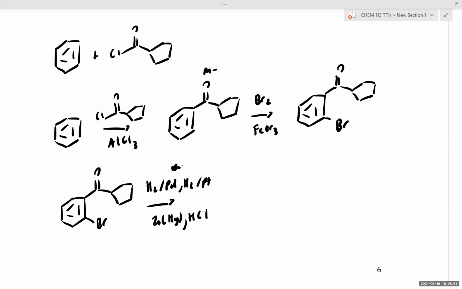This is just one solution. There are probably 5 viable routes using reactions that we've learned about in this class. And whatever route you use, as long as it addresses the chemoselectivity and regioselectivity concerns, it's perfectly reasonable. Any other questions on this example?